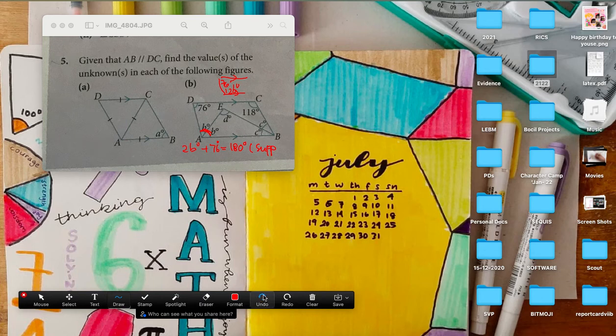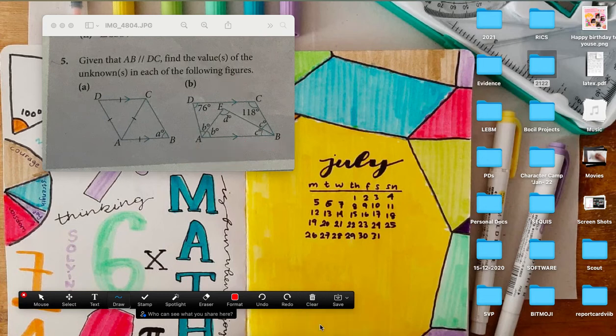Or before you say supplementary angle, we see that they are interior angles. So then 2B degrees equals 104 degrees. So then B degrees equals 52 degrees. So that's the value of B, found: 52 degrees.